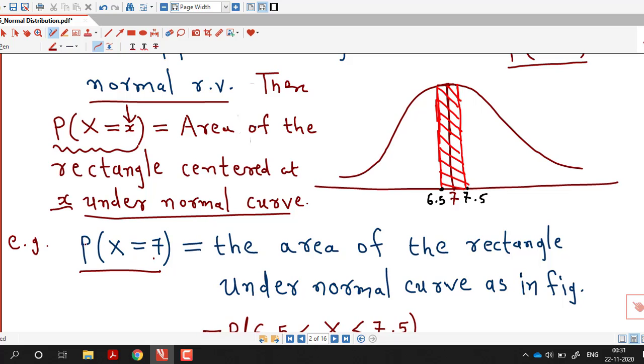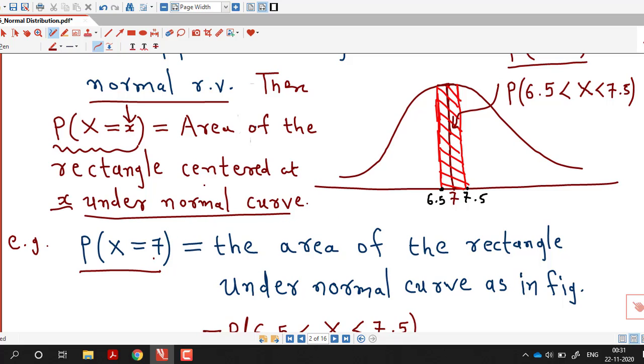So this probability that X = 7 is nothing but the area of this rectangle under the normal curve, which is the probability that X lies between 6.5 and 7.5. So we are subtracting 0.5 from 7 and adding 0.5 to 7. This is known as continuity correction.